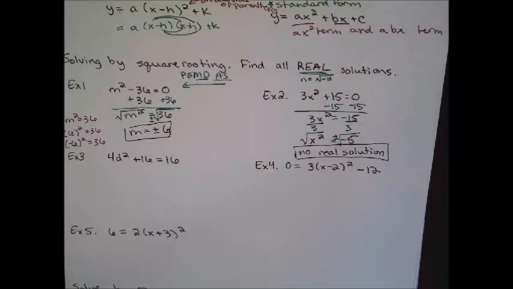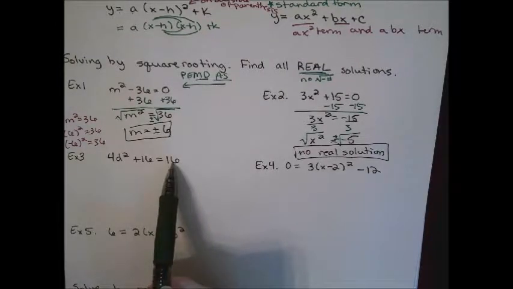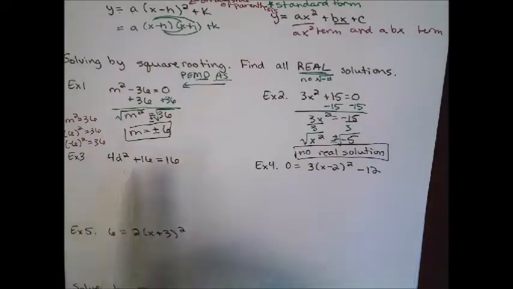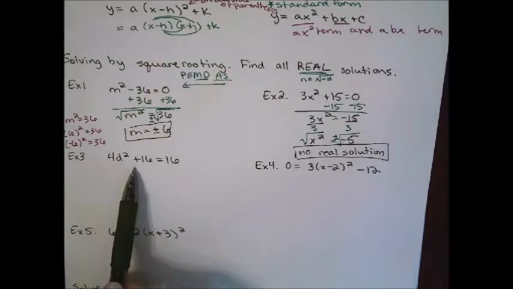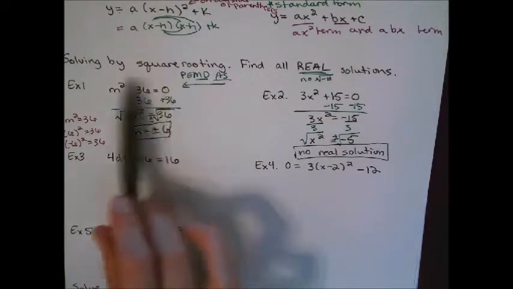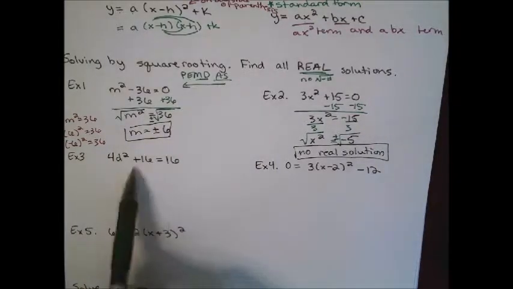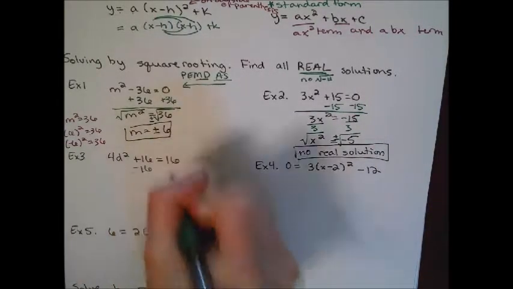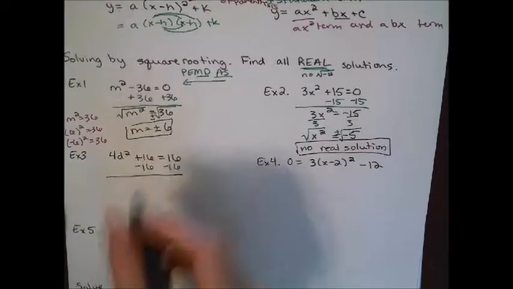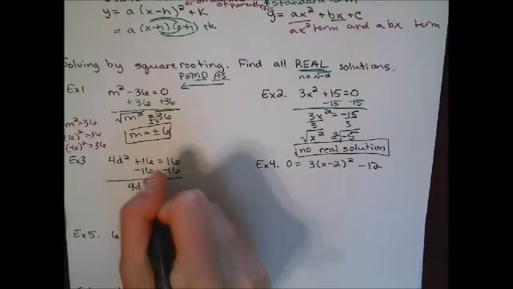For example 3, we notice that we don't have just 0 on this side. We notice that, again, there is no bx term, no middle term. So when there's no middle term, we can go straight to solving by square rooting, undoing PEMDAS. We undo our addition, subtraction. We get 4d squared equals 0.